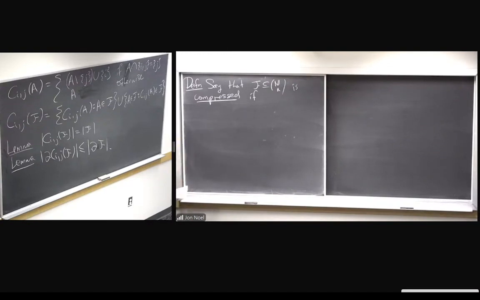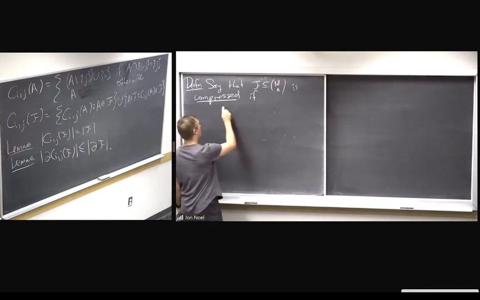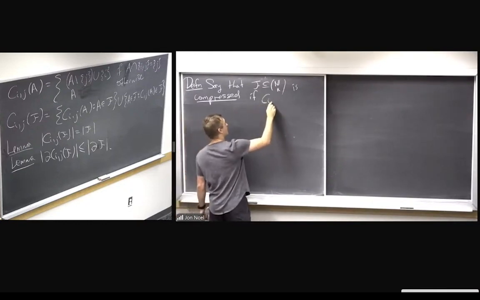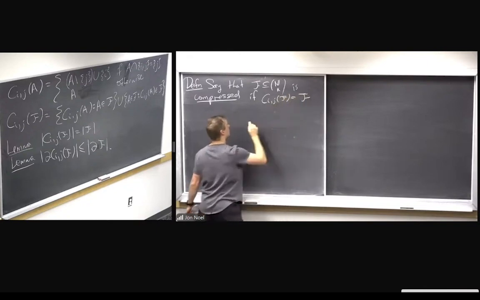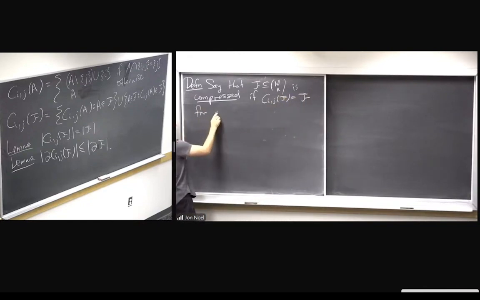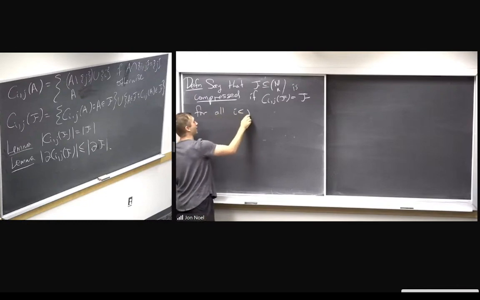So if I apply a compression to F, it just gives me F. That is, C_ij of F equals F for all i less than j.